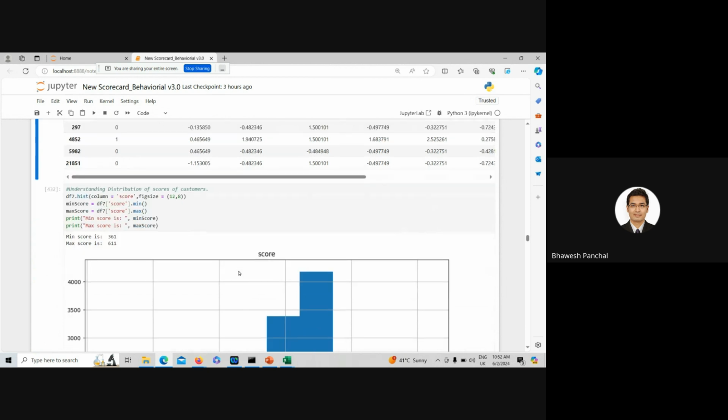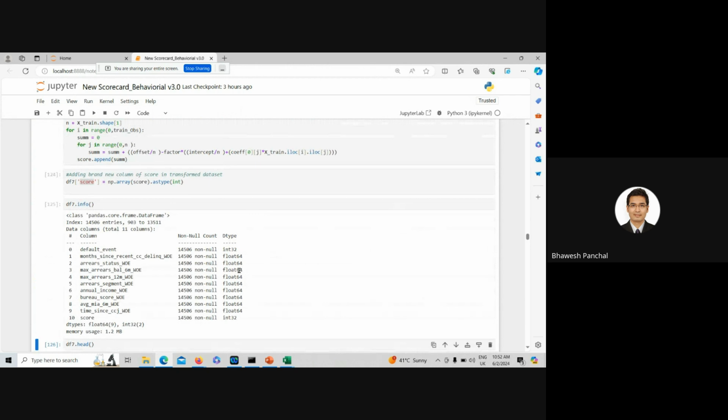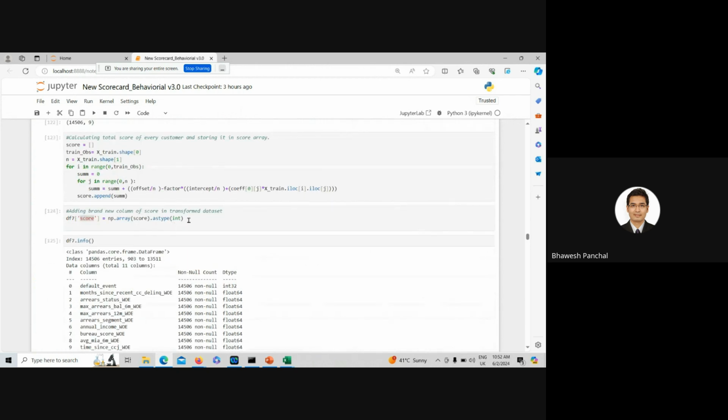In this conversion, we don't decide that salary or last average balance should have some points allocated, like 150 points. That is already taken care of by this weight of evidence. Now it is more clear.